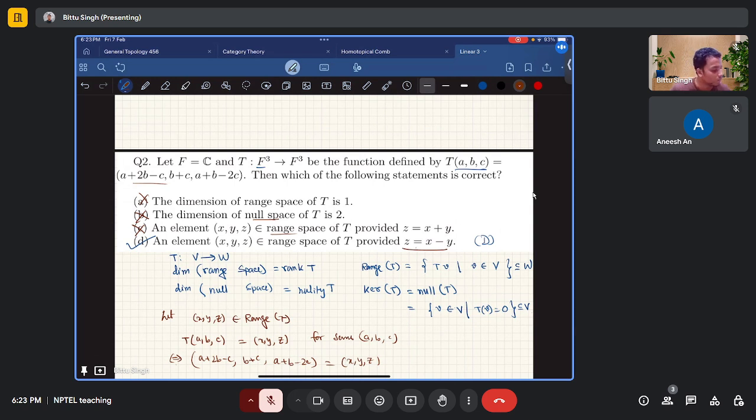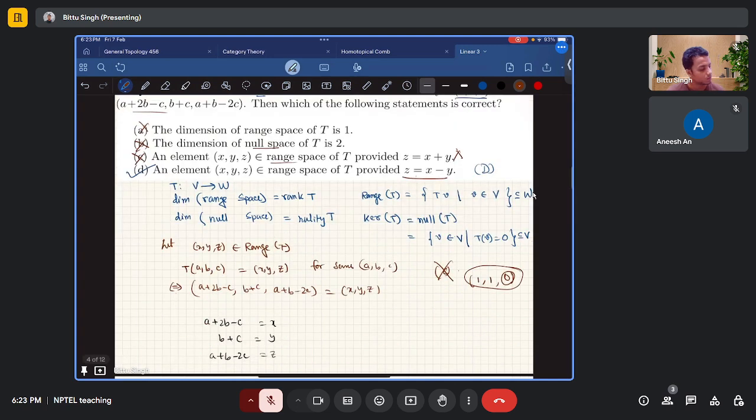For example, if we choose x to be 1, y to be 1, then z will become 1 minus 1, which is 0. But this pair does not satisfy this equation, because z is 0, which is not the same as 1 plus 1. So C is also incorrect because of this, right?